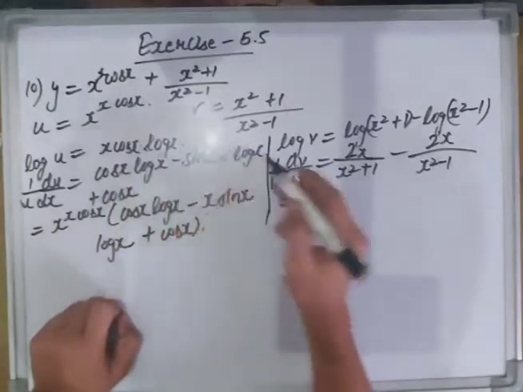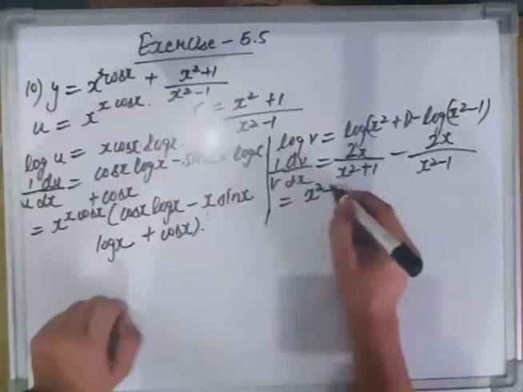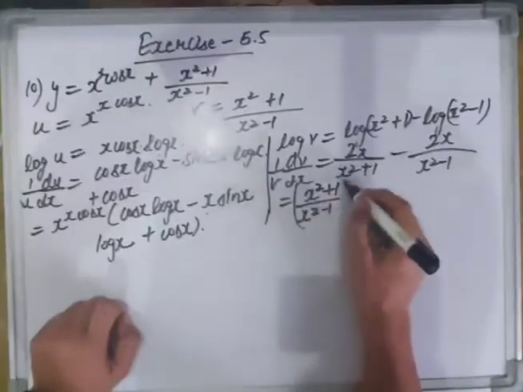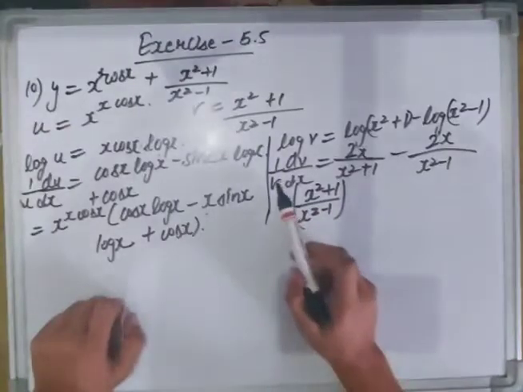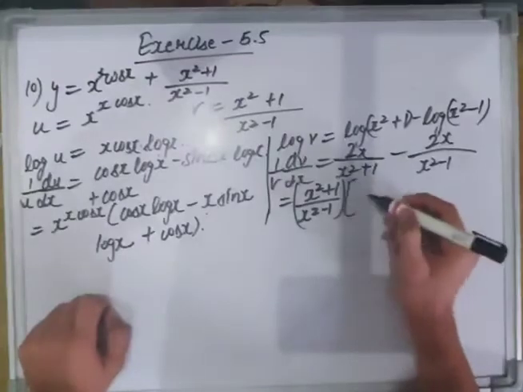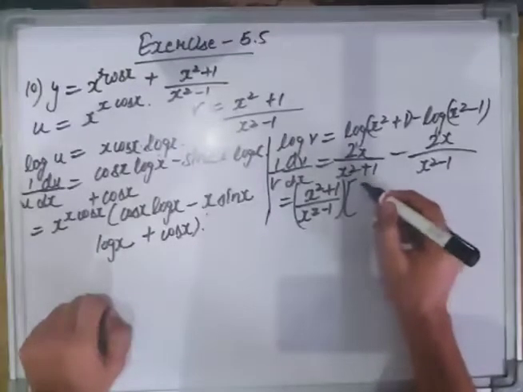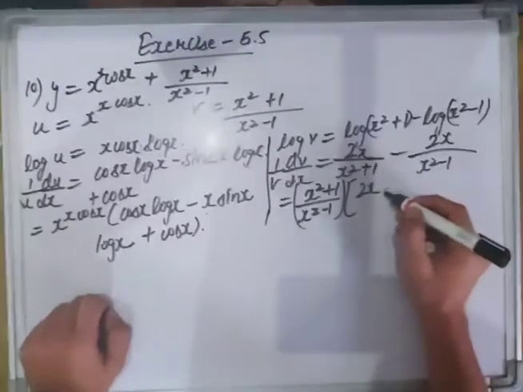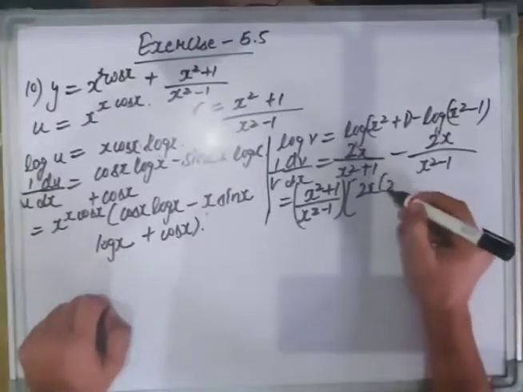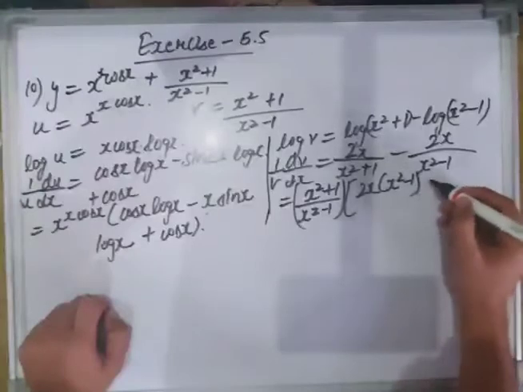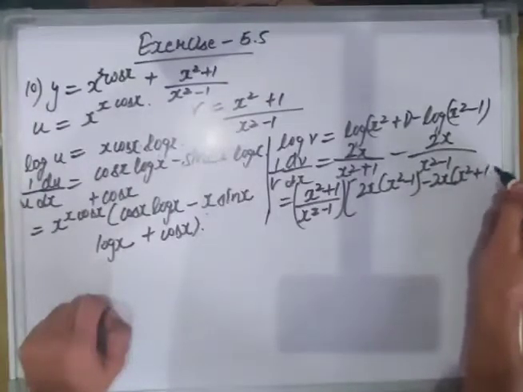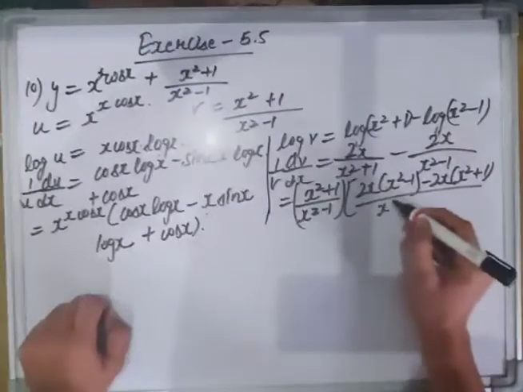The value of v was x square plus 1 upon x square minus 1. I have taken this v from left hand, from division to the multiplication with this term, and here we have 2x. I am taking the LCM here. Okay, x square minus 1 minus 2x, x square plus 1 upon x square minus 1 whole square.